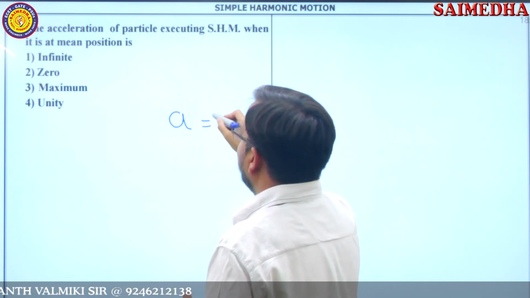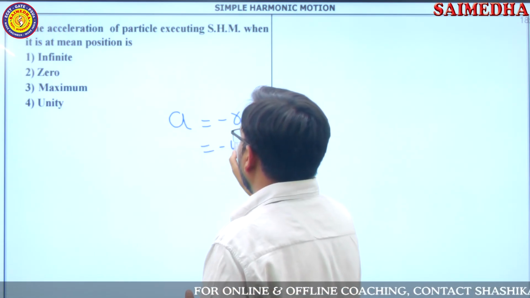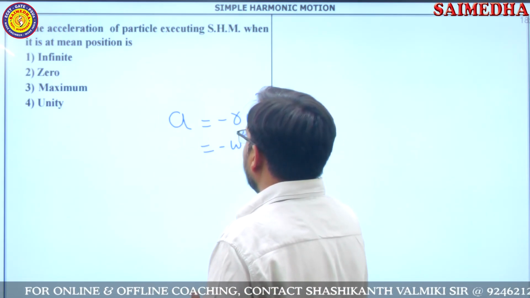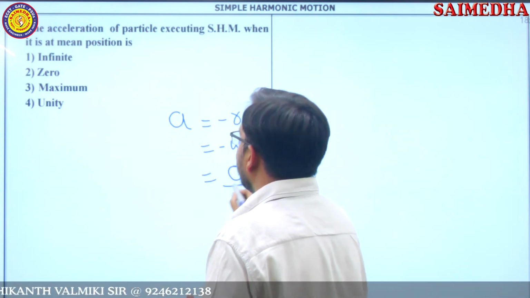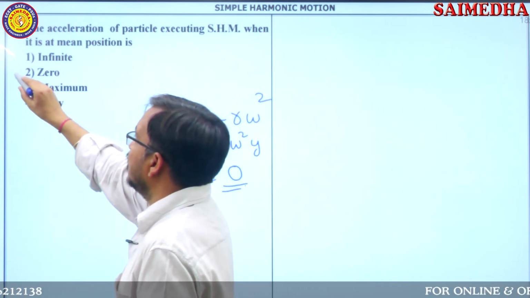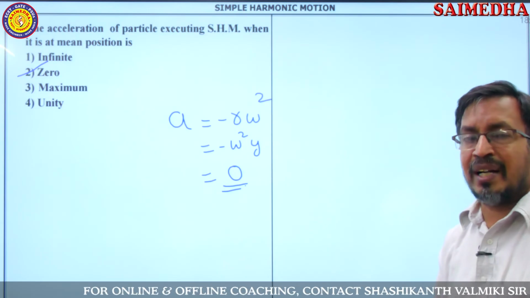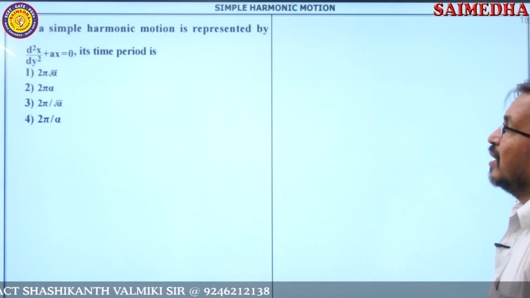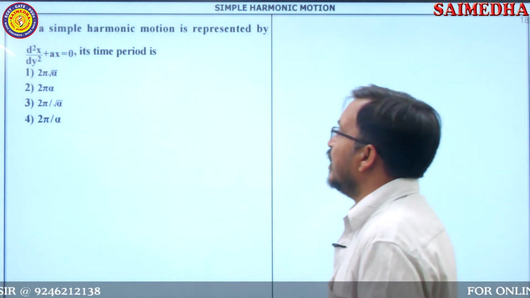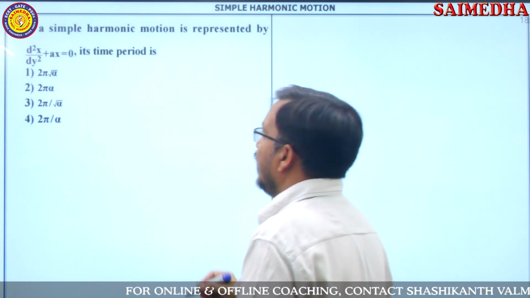At the mean position, the displacement value is 0, so I am writing minus omega square y. Here the displacement value is 0. Therefore, acceleration is also 0. This is the answer, because at the mean position the acceleration is 0.